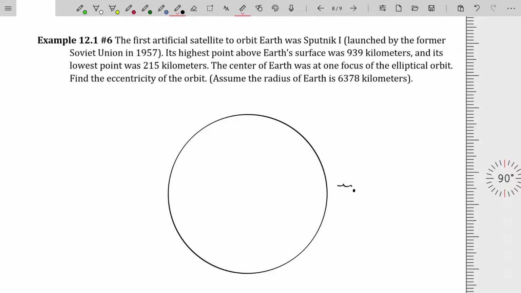So that distance right there, I'm going to say is 939. This is not to scale. And then the shortest distance that it reached is going to be on the opposite side here. And that shortest distance was 215 kilometers above the surface of the Earth.